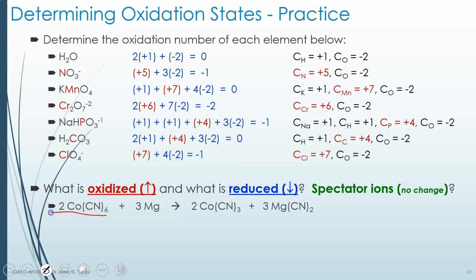So I'm going to erase these notes here, and we're going to look at these compounds. We've got cobalt with cyanides and magnesium, and that's magnesium atoms, magnesium metal, neutral magnesium because it's the elemental form of magnesium. And we make a new cobalt compound and a magnesium compound. Well, we know in magnesium compounds, magnesium is always going to be +2.